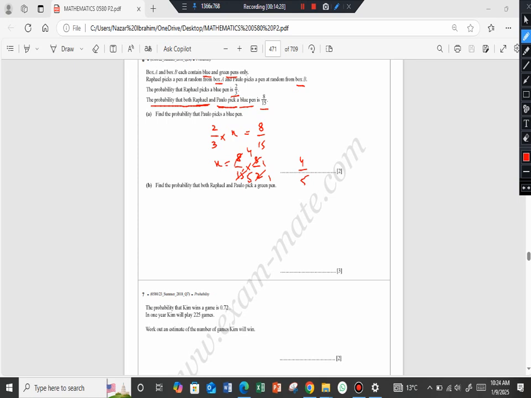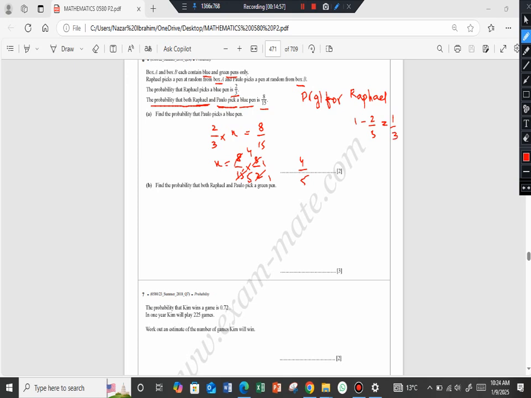Since we have been given the blue pen probability of Raphael, the probability of a green pen for Raphael will be 1 minus 2 upon 3, which is equal to 1 upon 3, right?